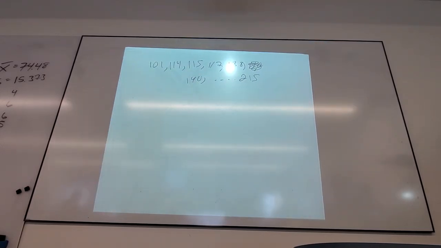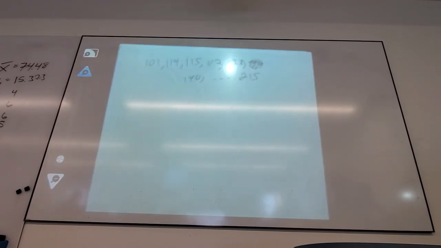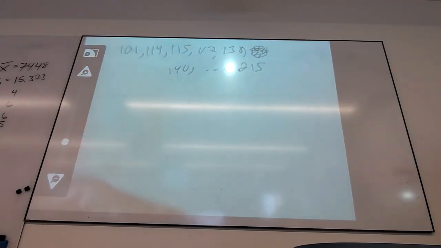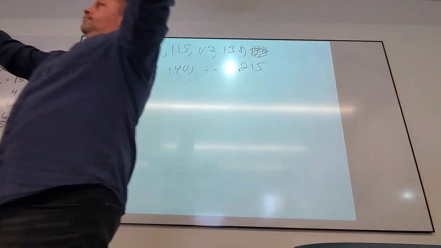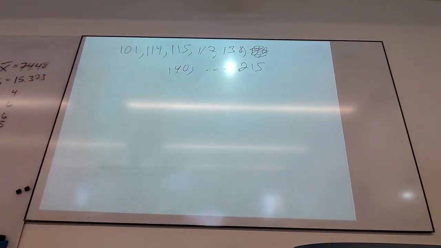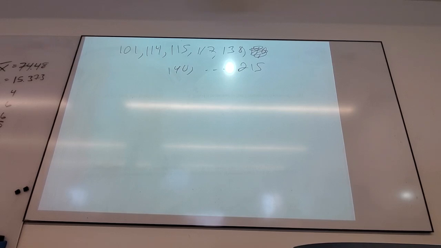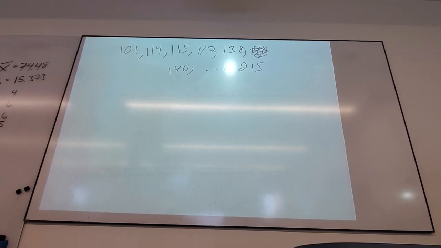When I go to make my histogram, how far does it have to go total? From what to what? 101 to 215. So how much ground do I want it to cover in total? How far is that? 114. You guys with me?